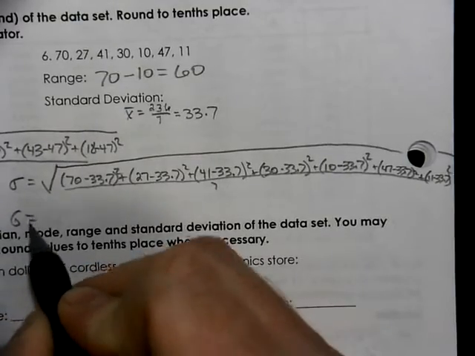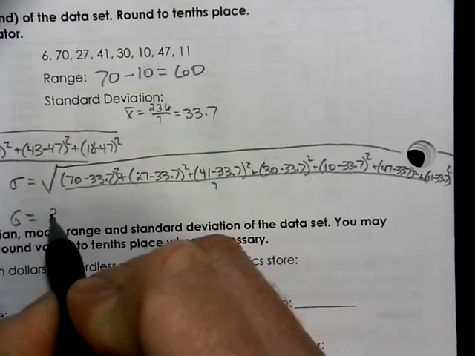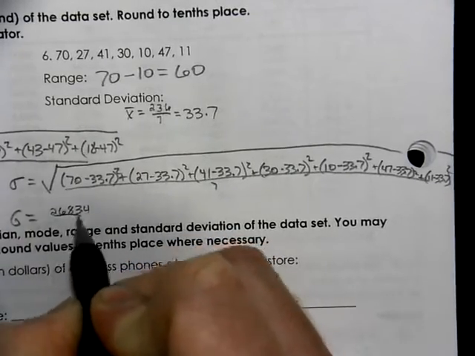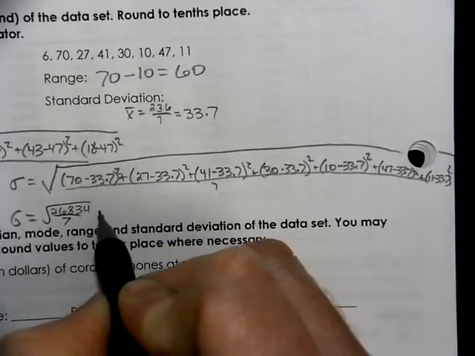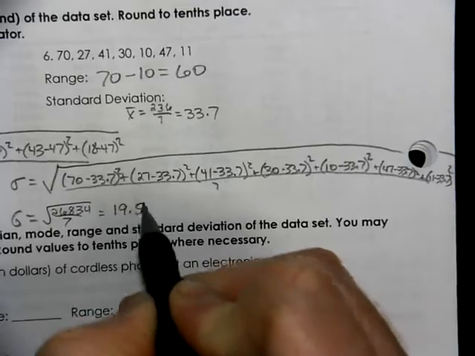So our standard deviation is going to be 2,683.4 divided by 7, all inside the square root. That comes out to be 19.5.